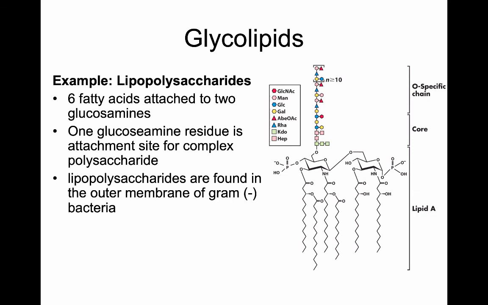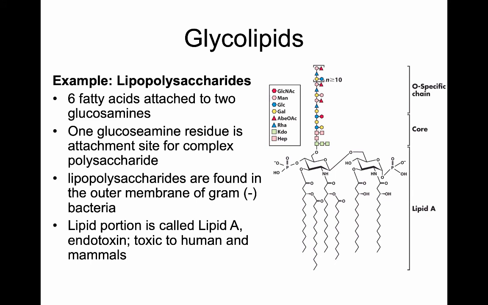Lipopolysaccharides are found in the outer membrane of gram-negative bacteria, and the lipid part is called lipid A. This is also called endotoxin, and this is toxic to humans and mammals. This is why if we get infected by bacteria, particularly gram-negative bacteria, our bodies will react to that endotoxin and cause an immune response that then makes us sick.